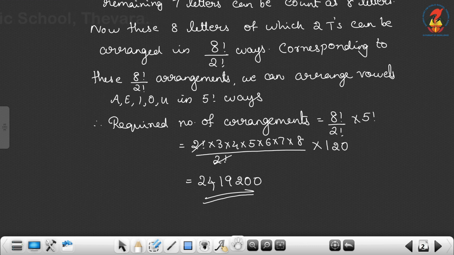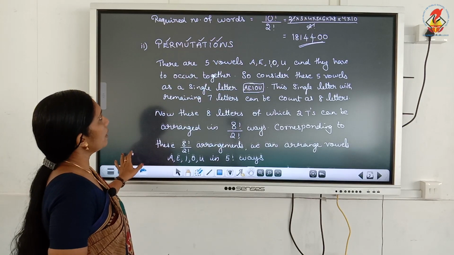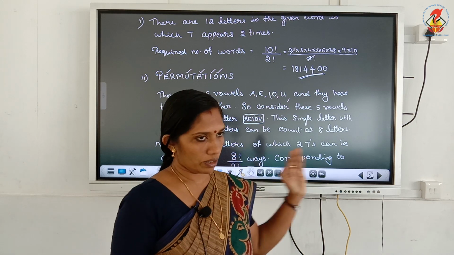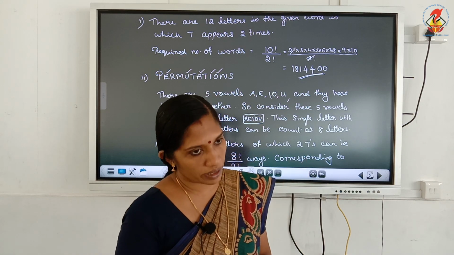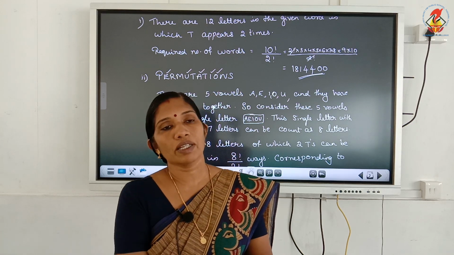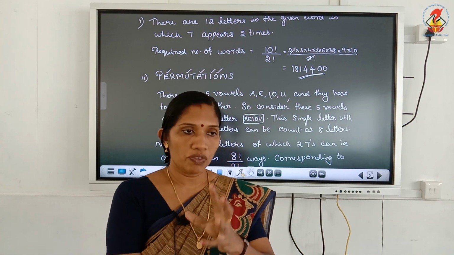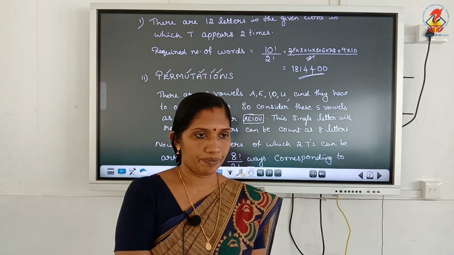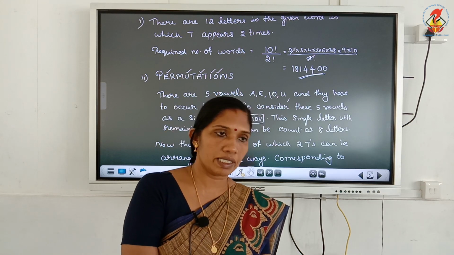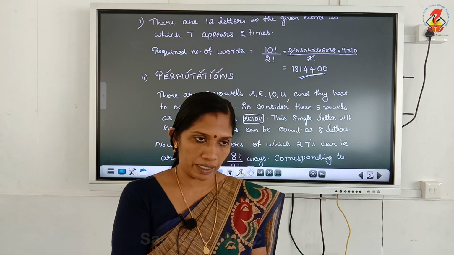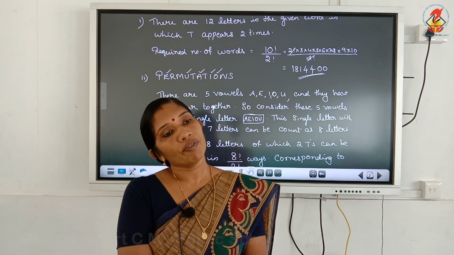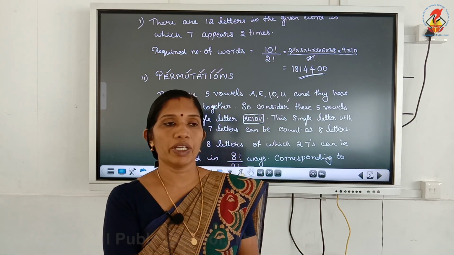Okay. So once again, children, the second part is vowels occurring together. First you have to consider the word: how many letters are there, and how many of them are vowels. There are 12 letters in which 5 are vowels. Vowels are considered as a single letter. So that single letter plus the remaining 7 letters count as 8 letters. Now we have only 8 letters, which we can arrange in 8 factorial ways.